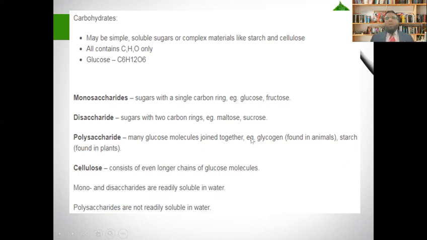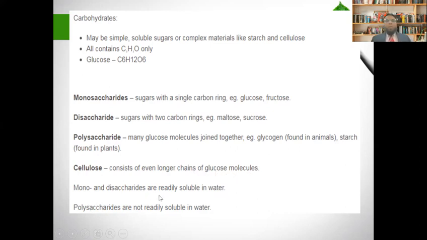For example, glycogen is a polysaccharide, the storage carbohydrate in animal tissues. And starch is also a polysaccharide, the storage carbohydrate in plants. And cellulose consists of even longer chains of glucose molecules.